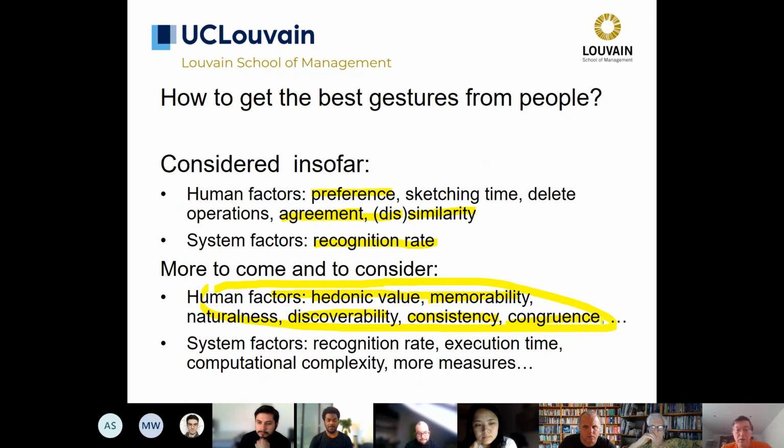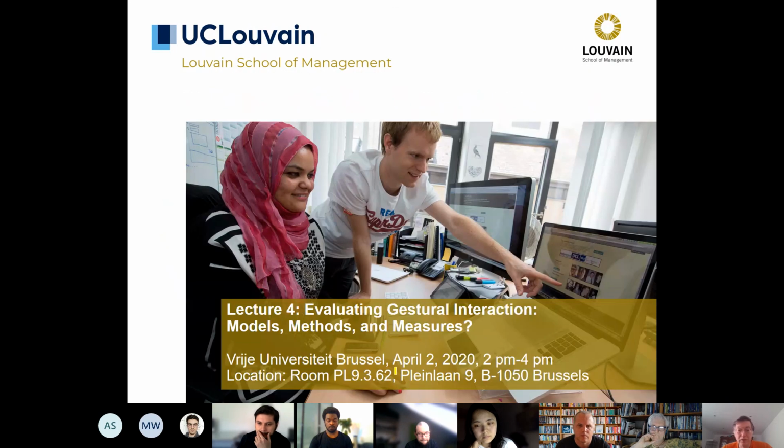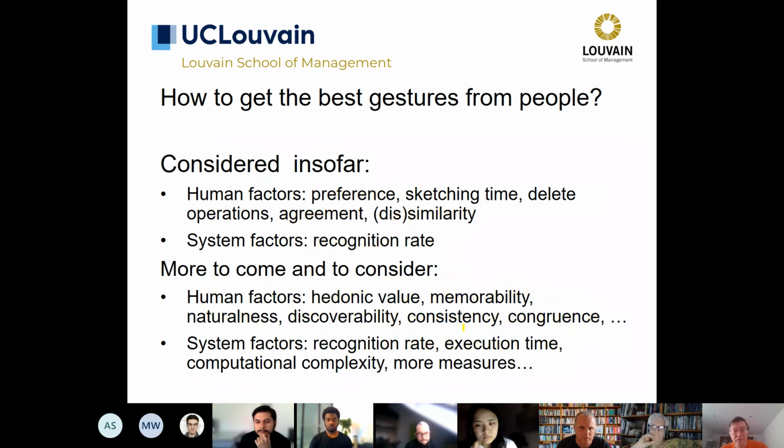What we can do on the system side is that, of course, we can improve the recognition rate, or we can minimize the execution time, or take into account the complexity, and there are more measures to come. But this is for next week, when we will try to use models and also measures in order to evaluate gestural interaction. So this is the conclusion for today.